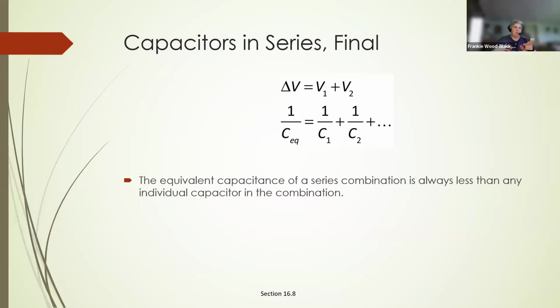Resistors are going to add up differently than capacitors. And I'll tell you that even today, having done this for years and years, I still have to look up my capacitors and my resistors to make sure we're doing them right, because it's easy to get them confused. And again, we're going to work through these tomorrow.